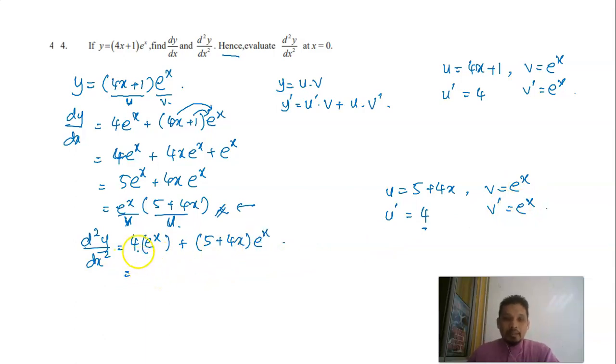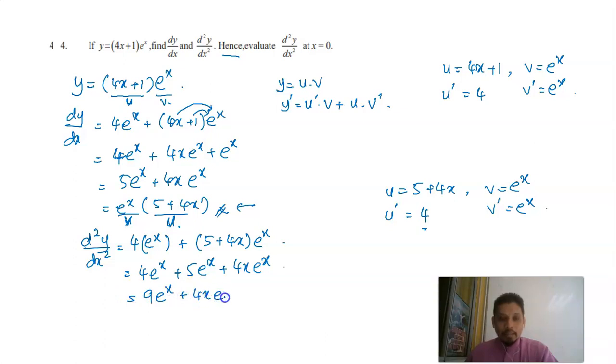Let's expand and simplify: 4 e to the power of x plus 5 multiplied with e to the power of x, and then 4x e to the power of x. So 4 plus 5 equal to 9 e to the power of x plus 4x e to the power of x. Factorize, take out e to the power of x, and we get 9 plus 4x.